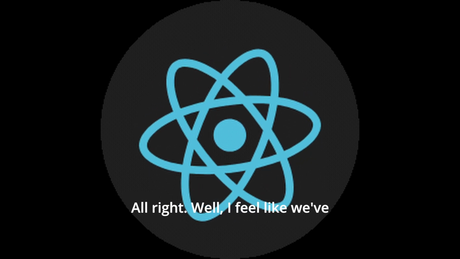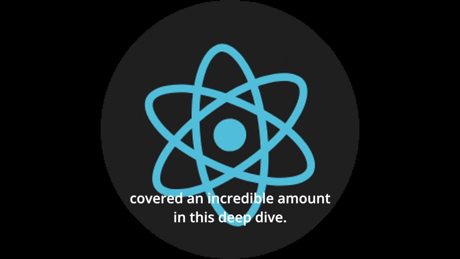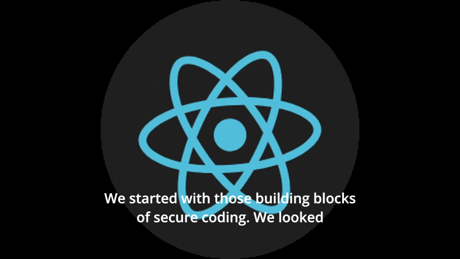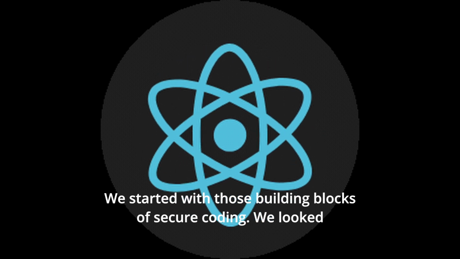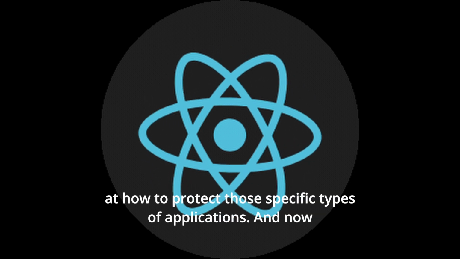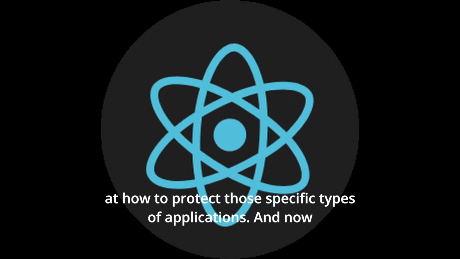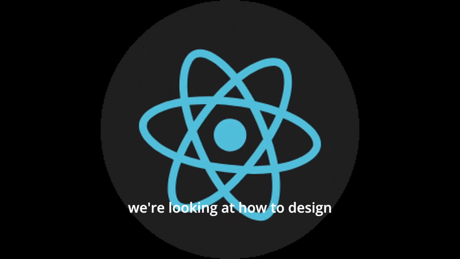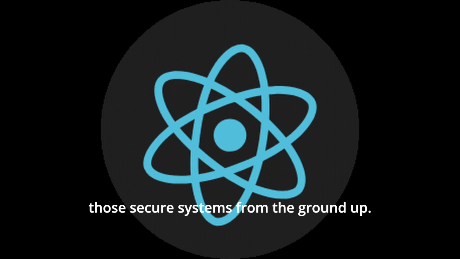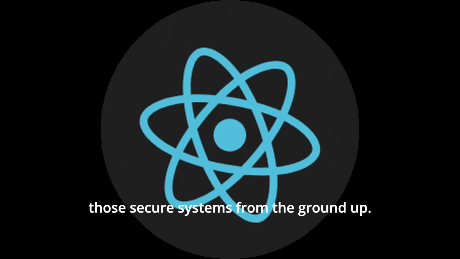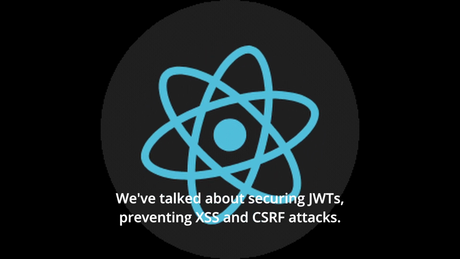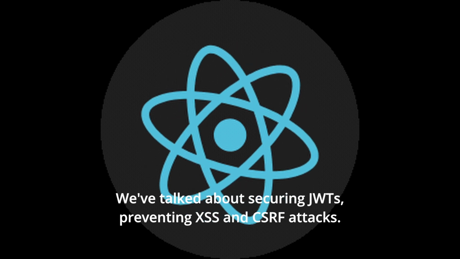All right. Well, I feel like we've covered an incredible amount in this deep dive. We have. We started with those building blocks of secure coding. We looked at how to protect those specific types of applications, and now we're looking at how to design those secure systems from the ground up. We've talked about securing JWTs, preventing XSS and CSRF attacks.